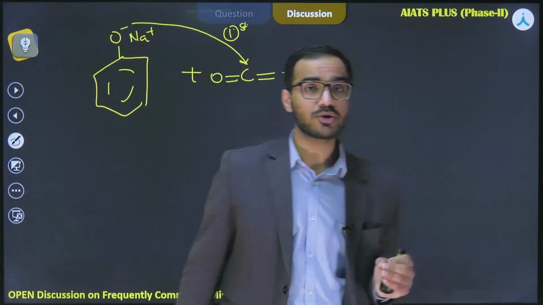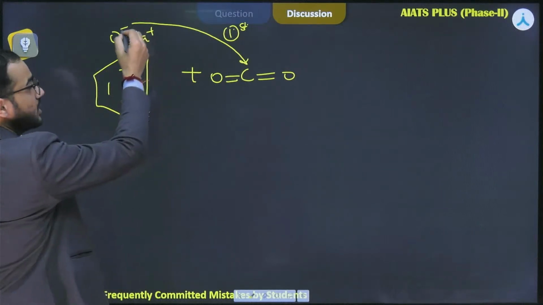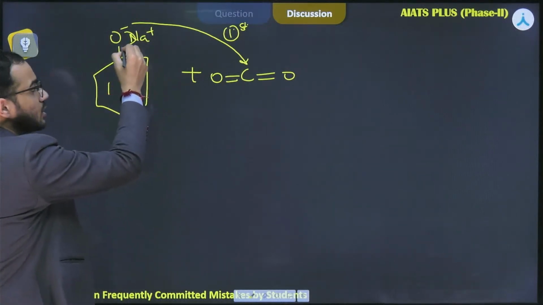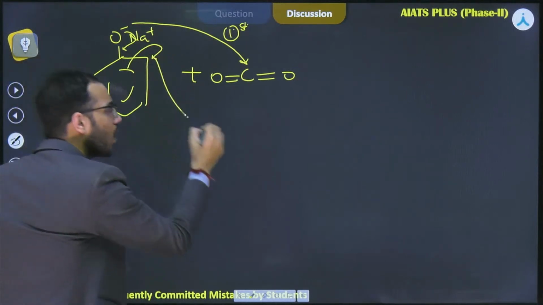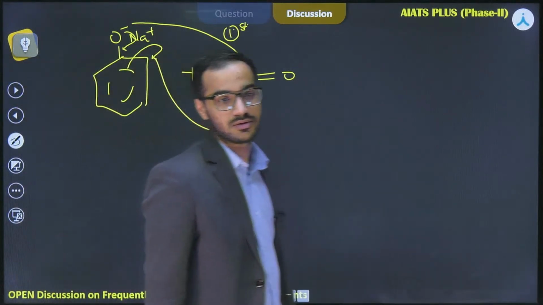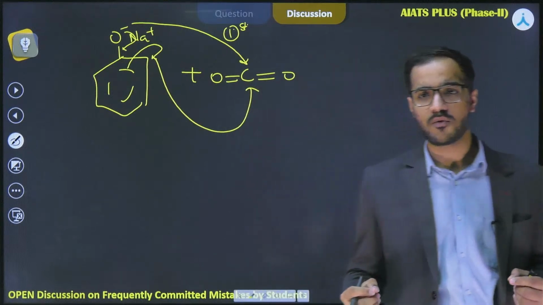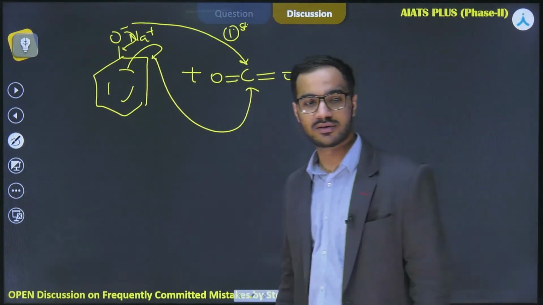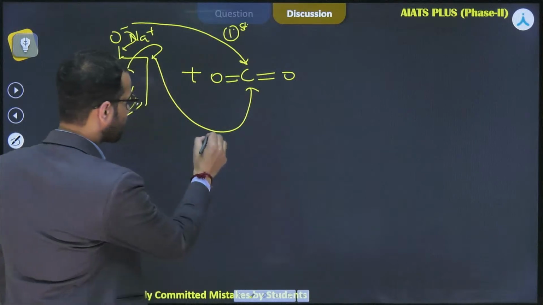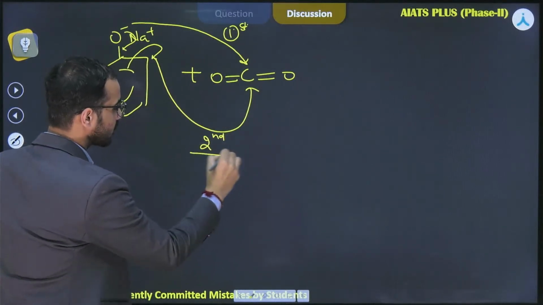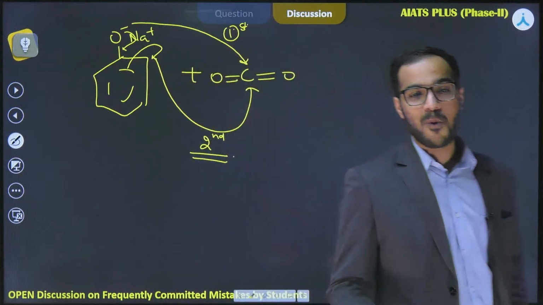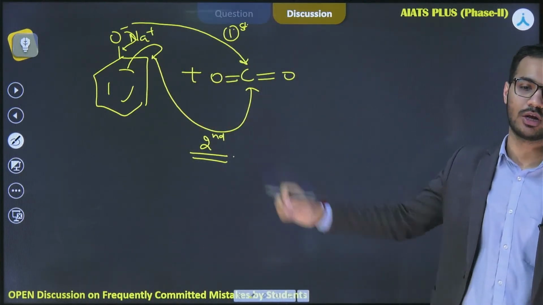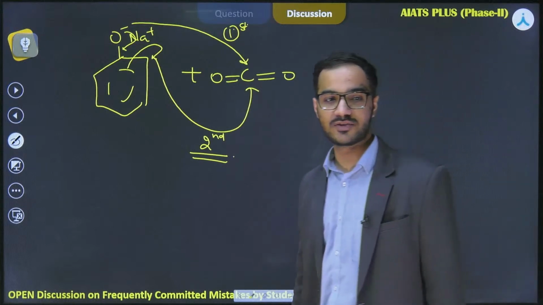Or the second possibility is that this negative charge will conjugate itself and give a charge to carbon, and now this carbon will attack. So which is the most favorable method to deal with it? The first or second? Which is the most appropriate step?